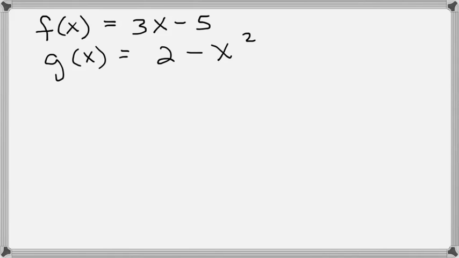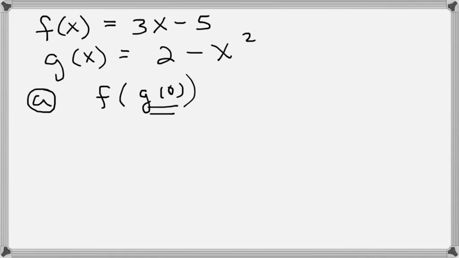Now what you want to do when you're finding, I think on the first one for A, it asks you to find f, the function given the input of g of 0. So you always want to make sure that you're solving for this inner function first.